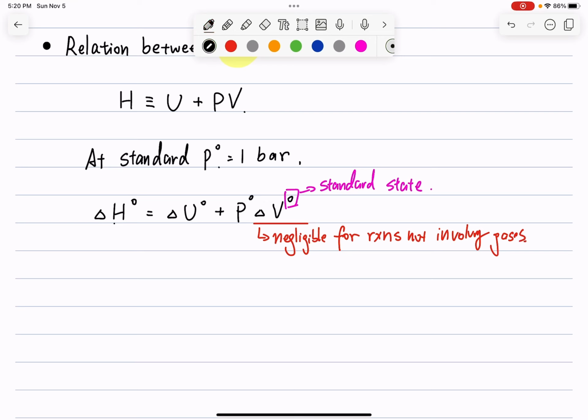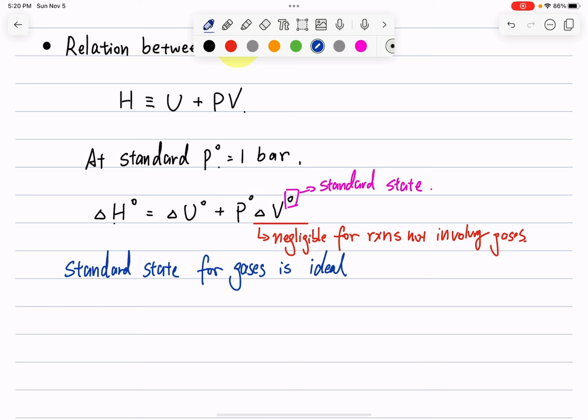And for reactions involving gases, the standard state for the gases is ideal, because it's just one standard state.